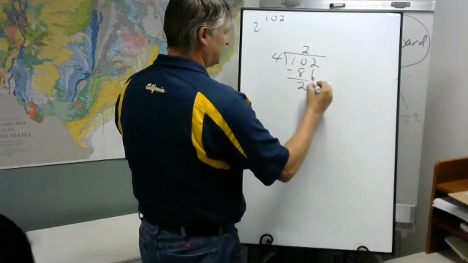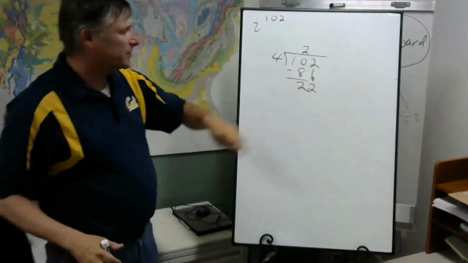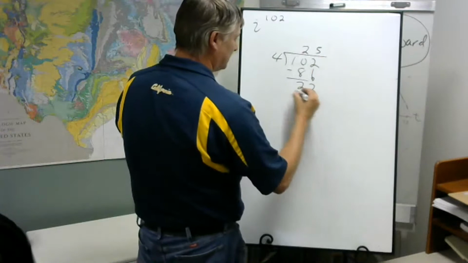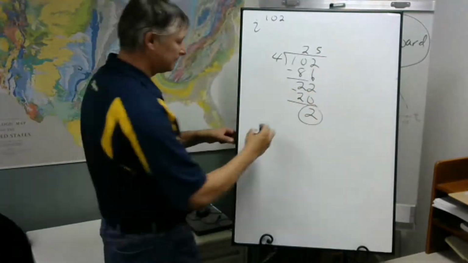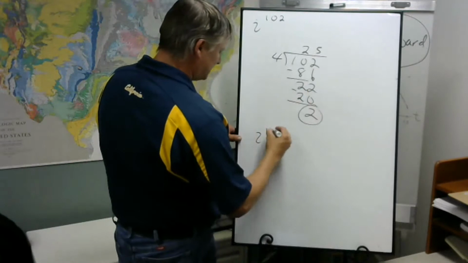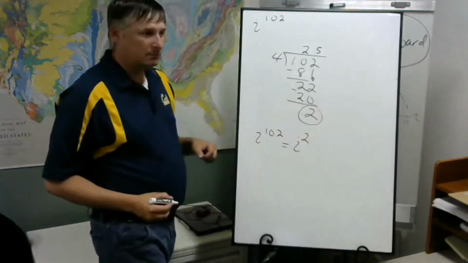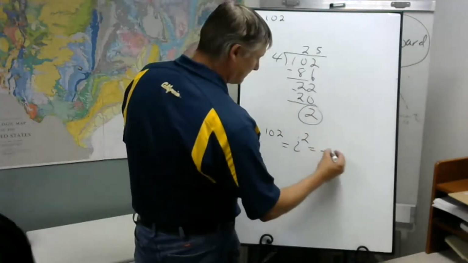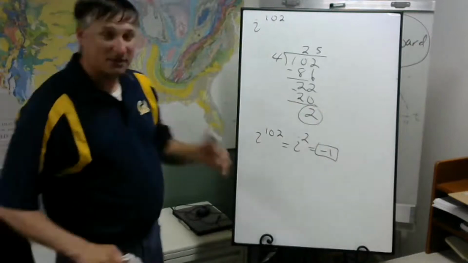Subtract, it's 2. Bring down the 2. 4 goes into 22 at most 5 times. 5 times 4 is 20. Subtract, it's 2. So now the remainder is 2. That means i to the 102 is equal to i to the 2. And what's i squared? Negative 1. And that's our answer.